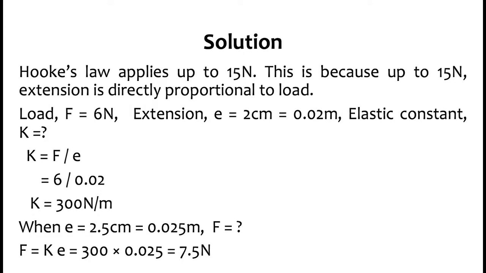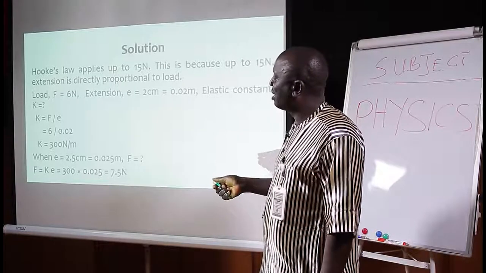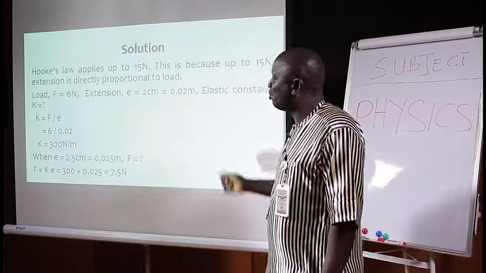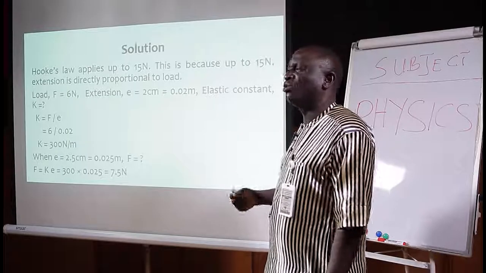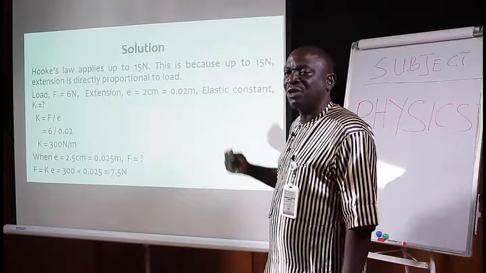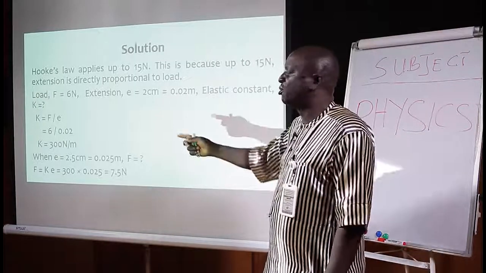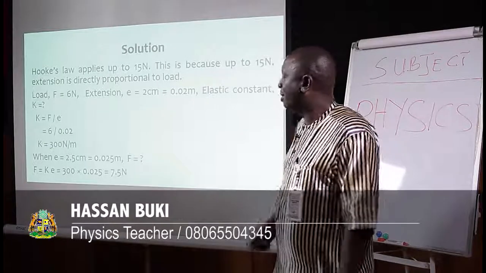Now, substituting in our values, we have 6 divided by 0.02, and that gives us K equal to 300 Newton per meter. Now, within that limit where Hooke's law is obeyed, whatever value of force you take and its corresponding extension, it will give you the same value of the constant K.